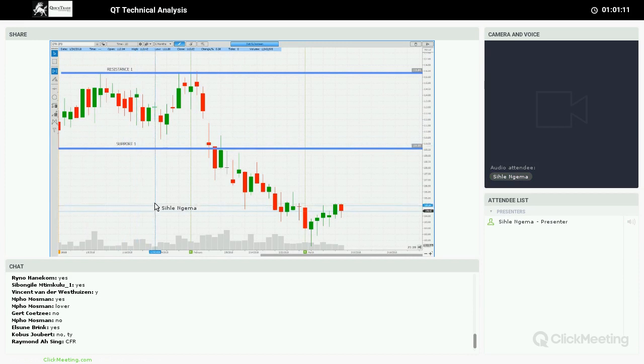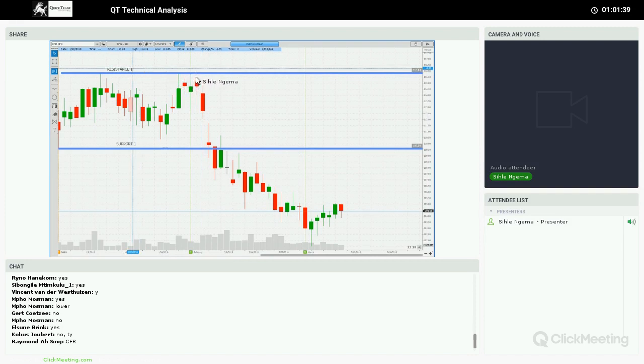That is for CFR. Now when I look at my resistance 1 and my support 1 for the month of February, with this green line identifying M February, my share went up to resistance 1. So it began the month of February by going first to resistance 1, which is resistance 1 of January.